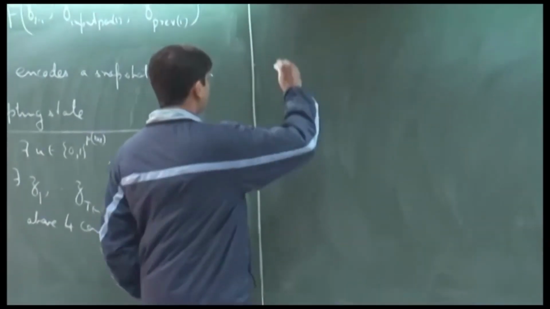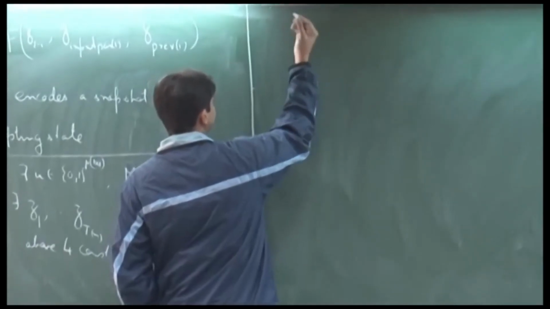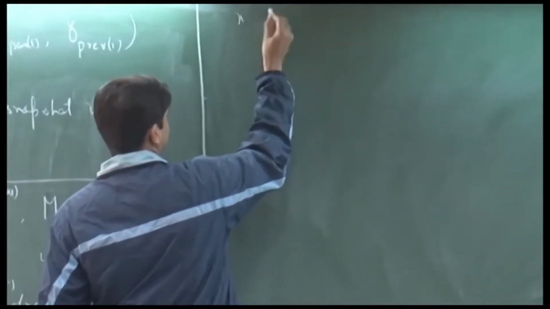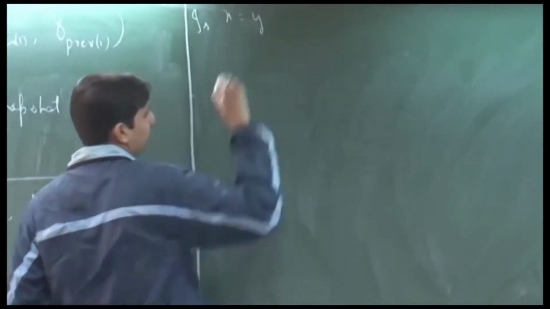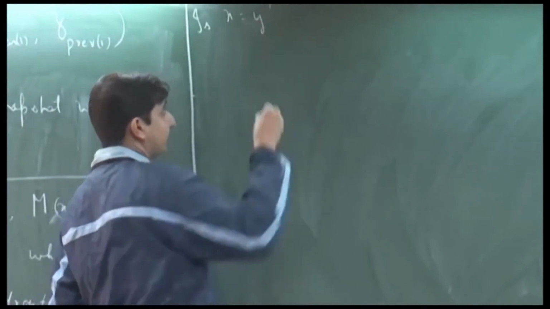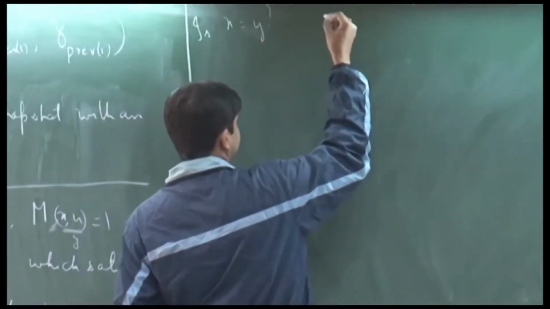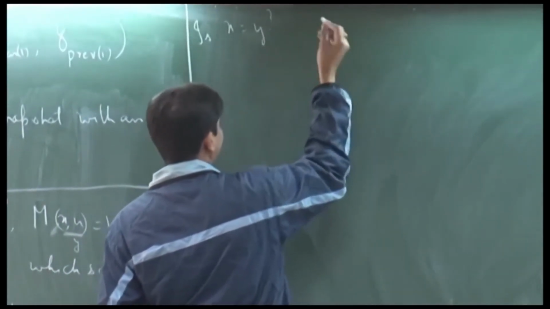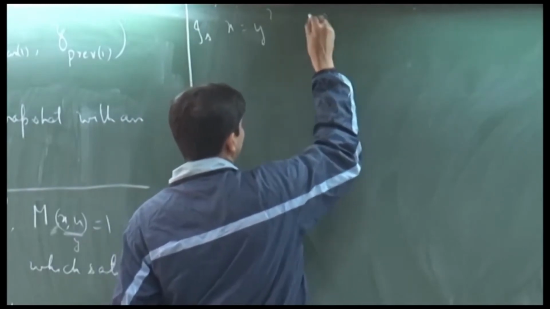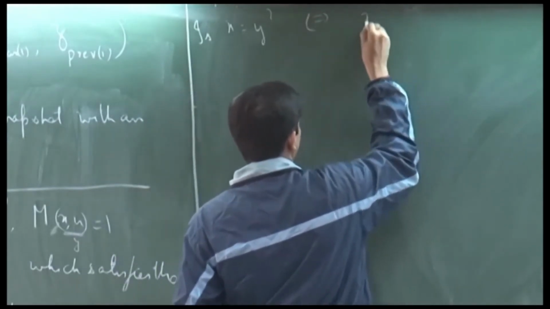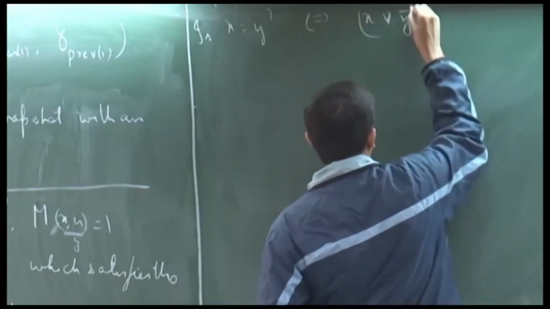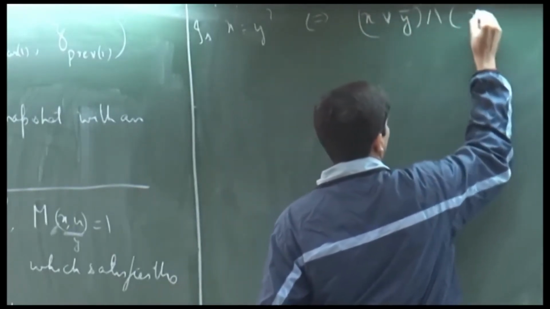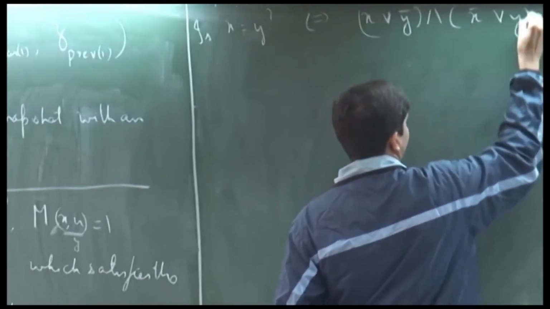So, suppose I want to check equality of two strings x and y. So, is x equal to y? The Boolean formula that your friend said just now, so this checking basically corresponds to the Boolean formula (x or not of y) and (not of x or y).